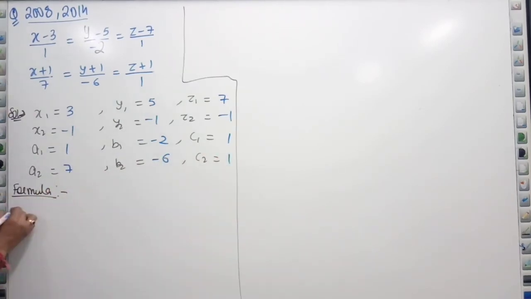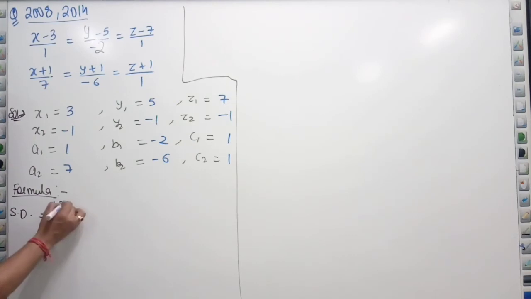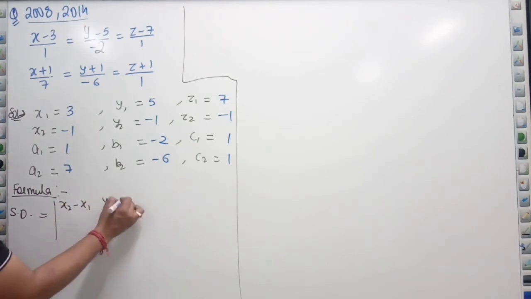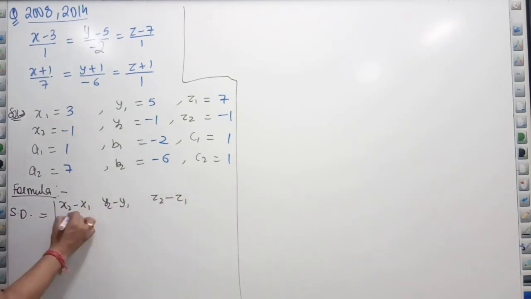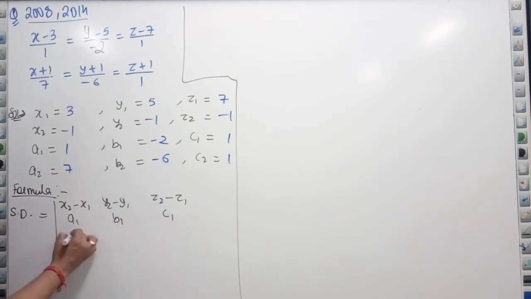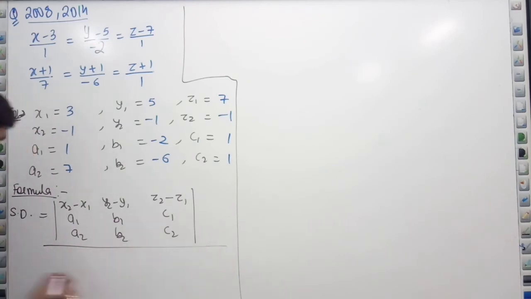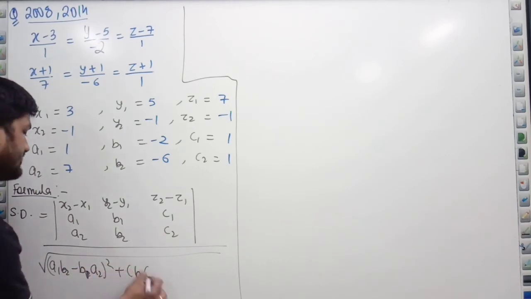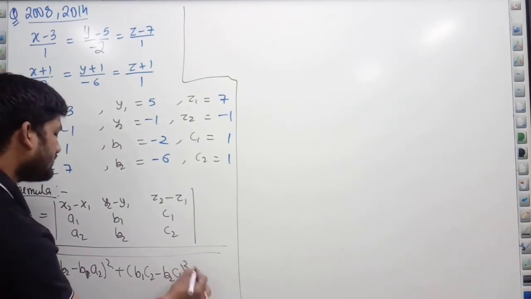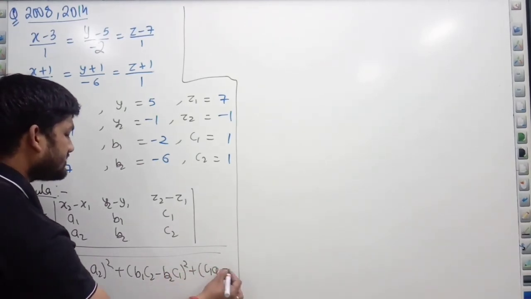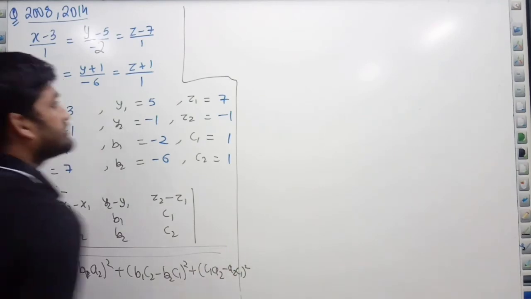Formula is shortest distance equal to the determinant of x2 minus x1, y2 minus y1, z2 minus z1, a1 b1 c1, a2 b2 c2 whole upon under root of (a1 b2 minus b1 a2) whole square, (b1 c2 minus b2 c1) whole square, (c1 a2 minus a1 c2) whole square.